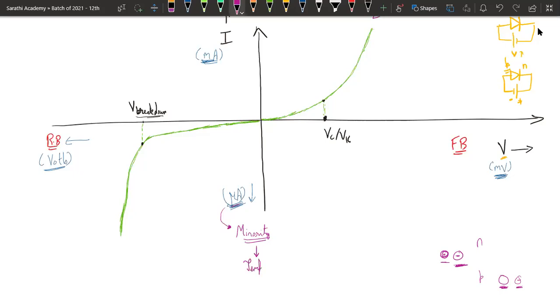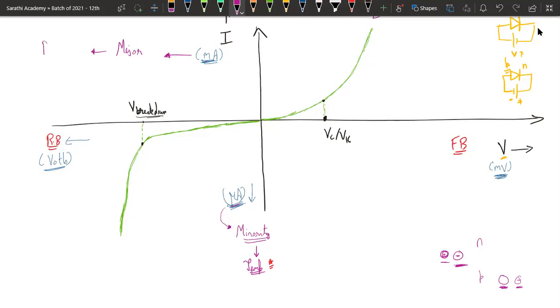This is very important. As soon as you increase the temperature, this current will increase, because the minority charge carriers will be produced in more number. Okay. And in the case of forward biasing, here the majority charge carriers carry the current, so that is why the current is very high here.